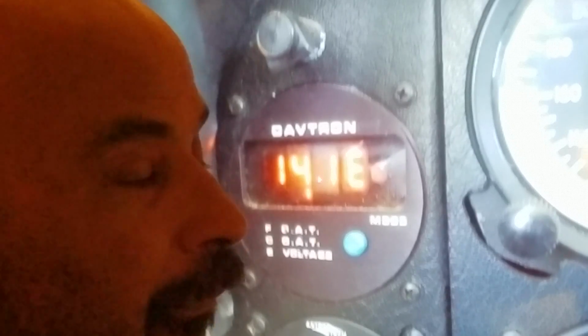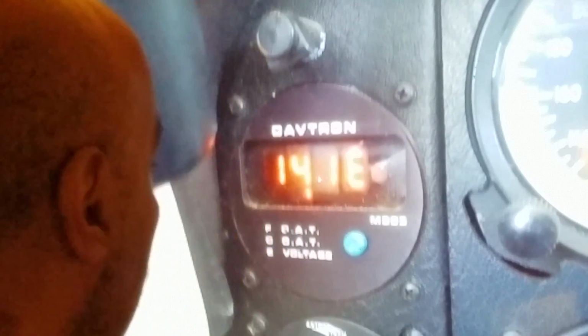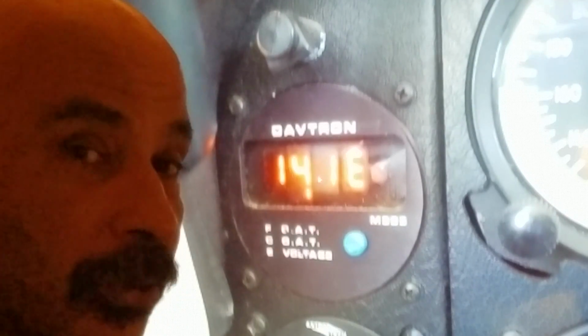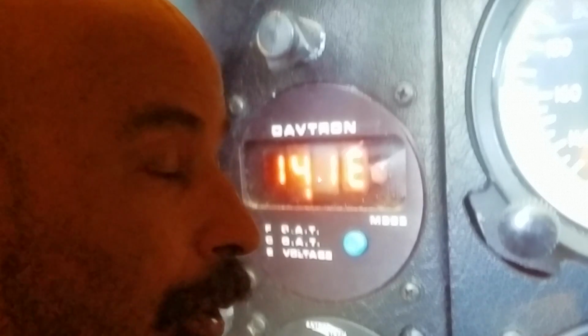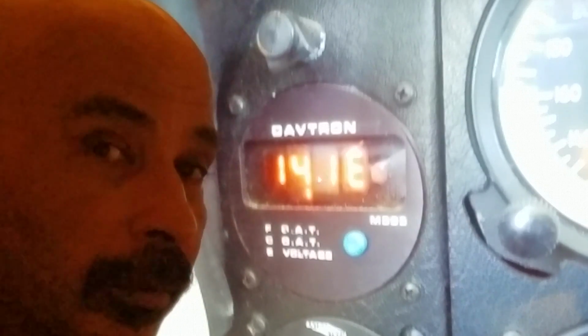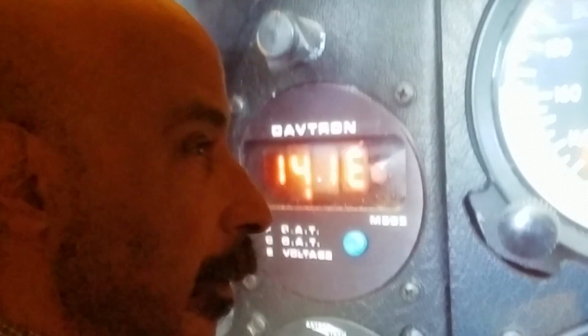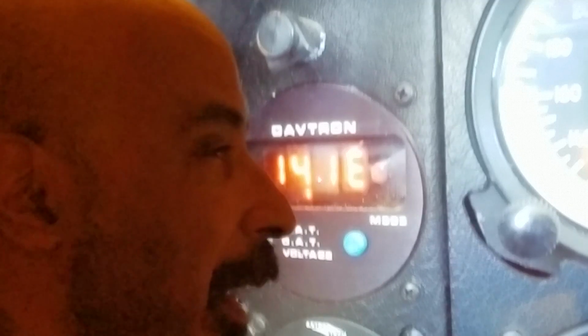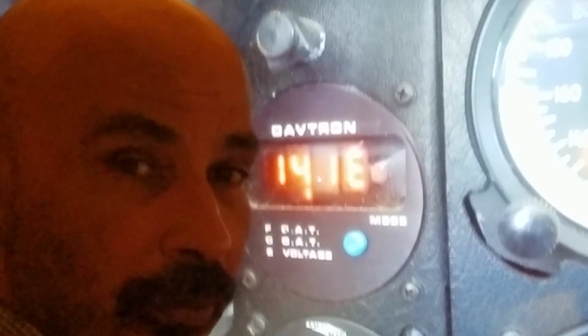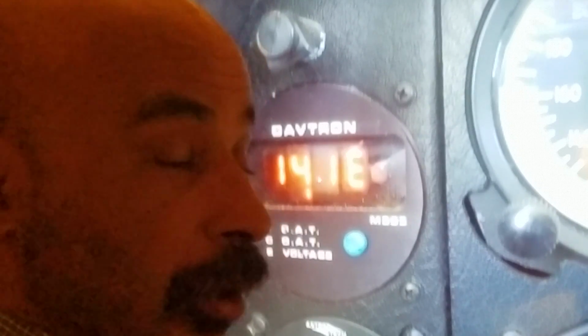Engine power being developed in the cylinders depends on the amount of air that is ingested or drawn into the cylinders through the induction system. That amount of air actually changes, or the weight of the air changes. The mass of the air changes based on outside air temperature, or the temperature of that air.